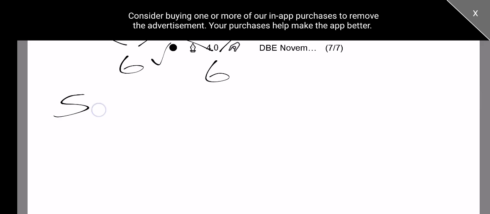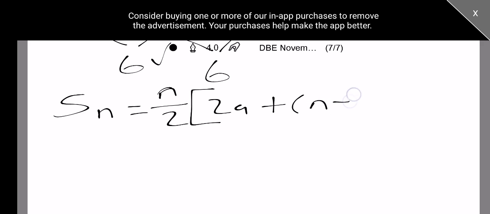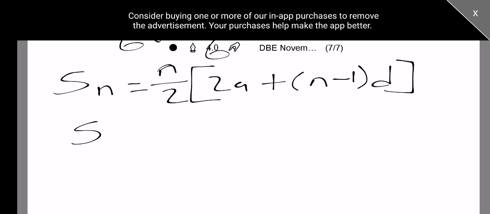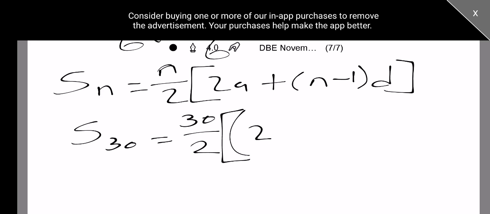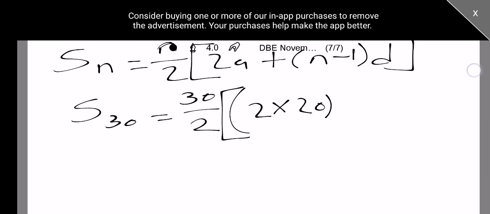So Sn is equal to n over 2 into (2a plus (n minus 1)d). Here n is 30, so 30 over 2 into 2 multiplied by the first term, which was 20. Remember, we're no longer talking about the very first sequence.